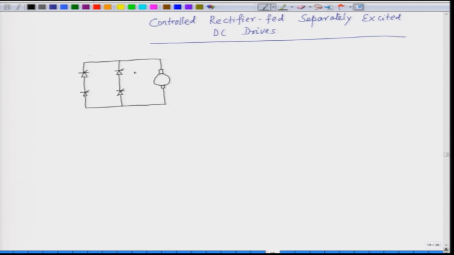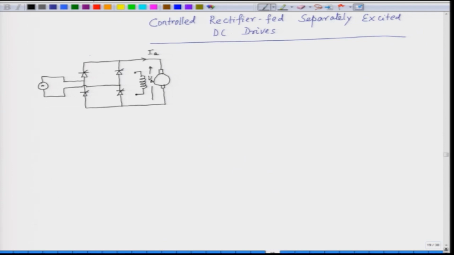The field is separately excited, this is the field winding, and we have the AC supply which is the input to the bridge. Now, the current here is I A, the output current, and the output voltage across this is V A.